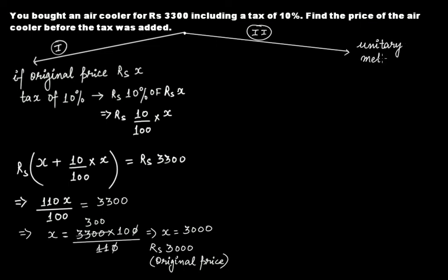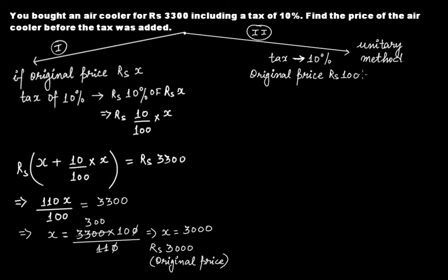Unitary method. So this 10% tells you what? The tax is 10%. It means that here, since this amount already includes your tax, if your tax is 10% and if your original price is rupees 100, then you'll apply 10.